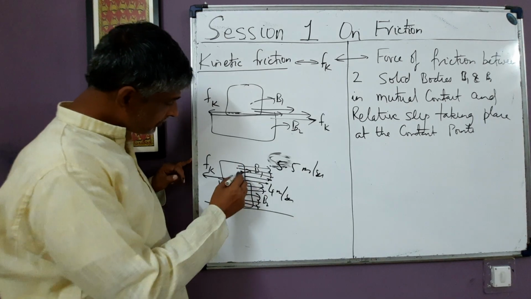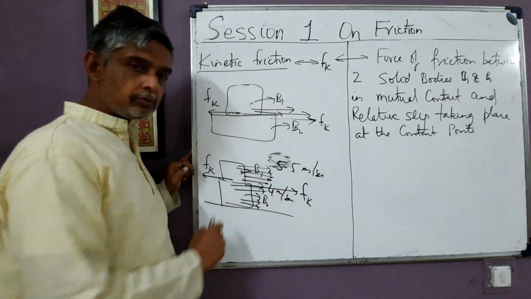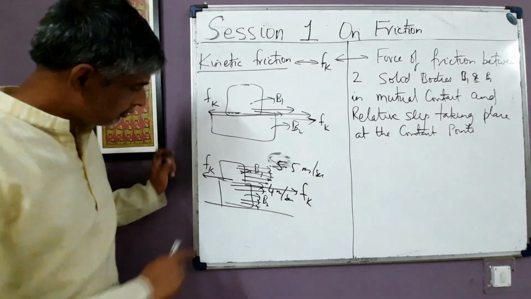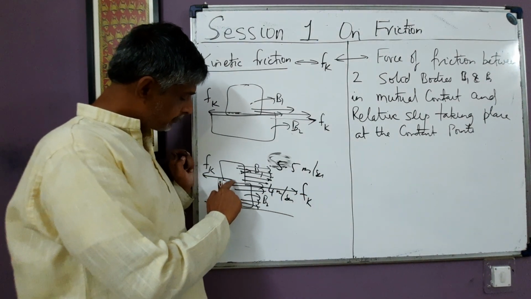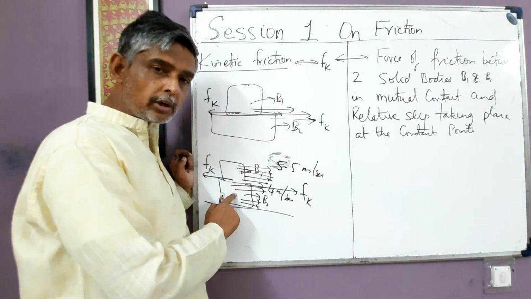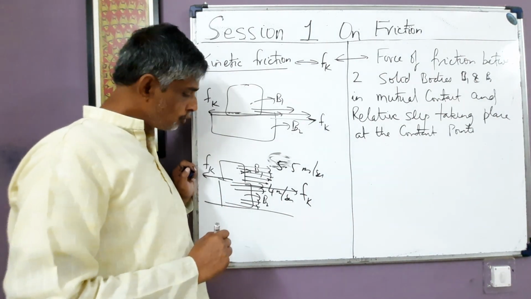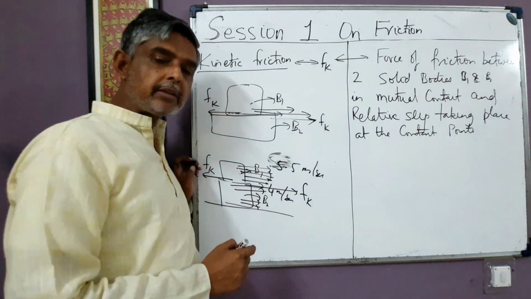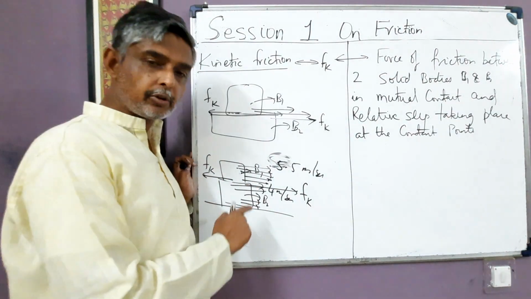And by Newton's third law, B1 will exert equal and opposite kinetic friction Fk on B2. So this kinetic friction always opposes the direction of relative slip between the two solid bodies in contact. Two solid bodies B1 and B2 are in mutual contact, and relative slip is taking place between them at the contact points.